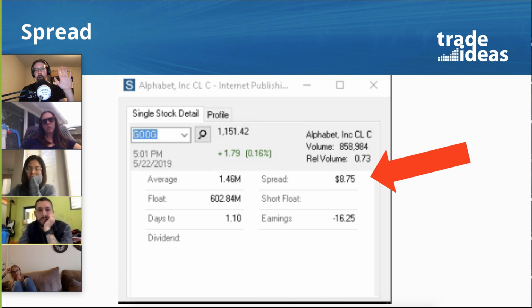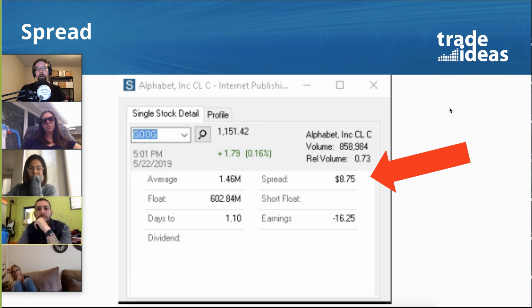So if people are offering the stock at $10.25 and they're bidding for it at $10, that has a 25-cent spread. So whatever price you're quoted, you're probably going to get 25 cents worse. And when it comes time to sell, whatever you're quoted, you're probably going to get 25 cents worse, right? It happens on both ends.